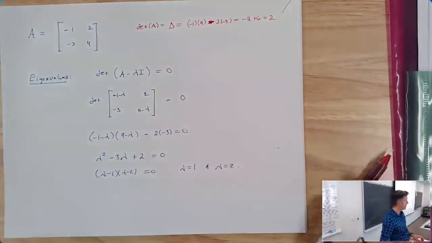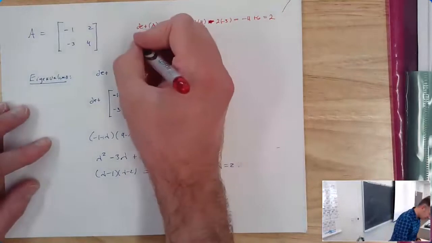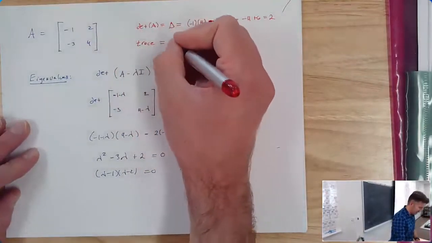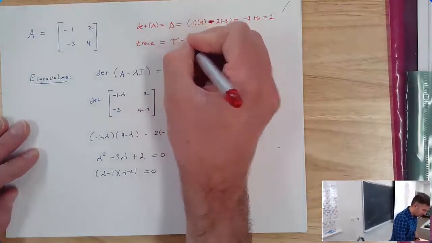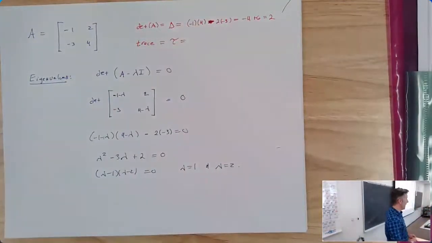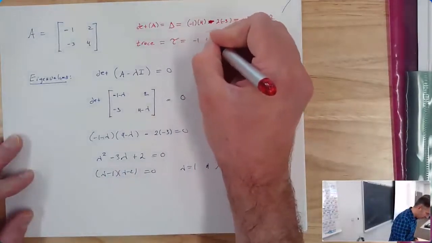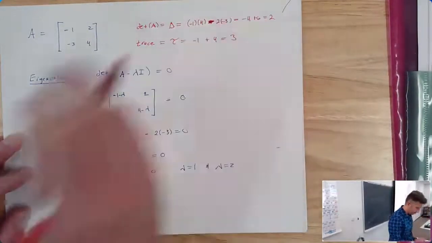And the trace of a matrix, which we often use the Greek letter tau for, is just the sum of the diagonal entries. So in this case, it is -1 plus 4, which is 3.